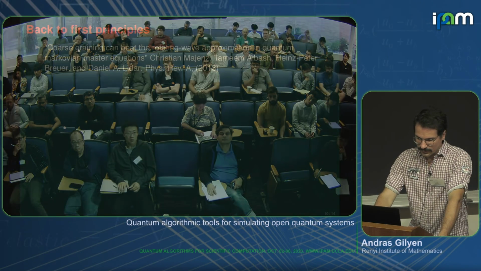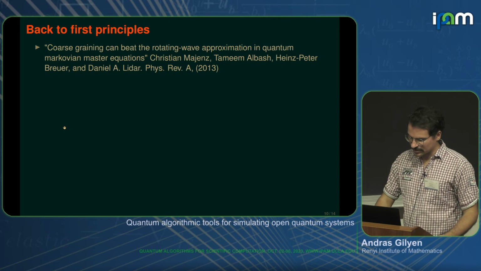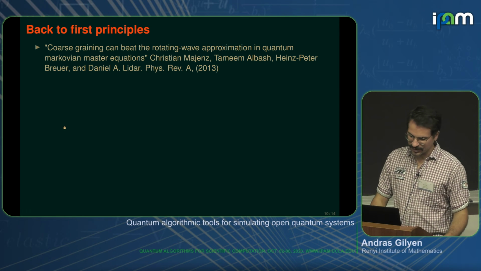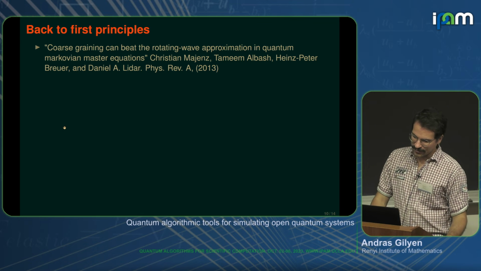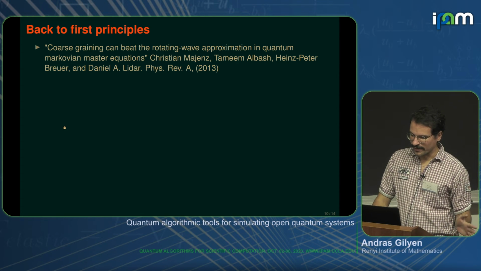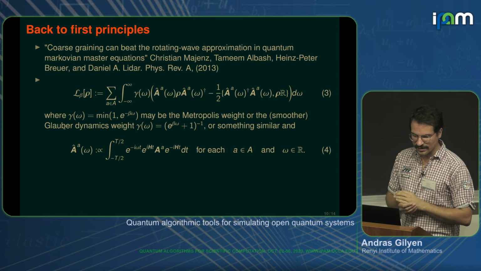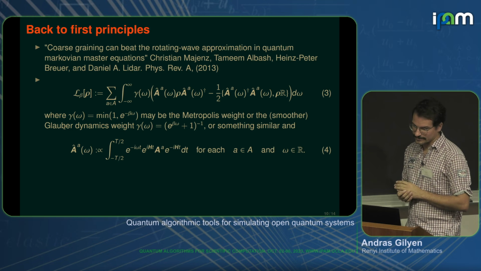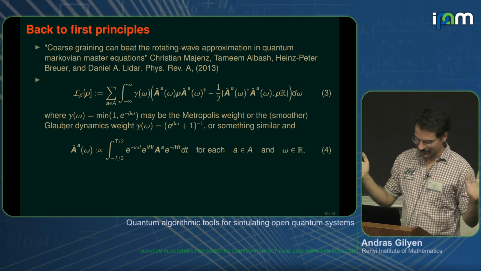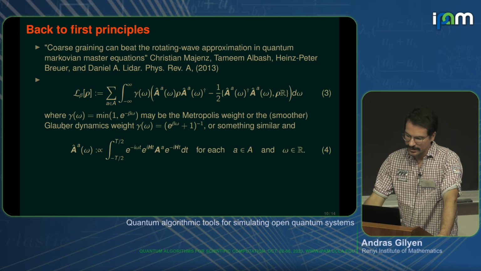Okay, and so we want to simulate thermalization in nature, but the Davis generator, although it has nice analytical properties, is unphysical. And so we should go back to first principles, and there is a very nice paper about coarse-graining the master equation, which derives an alternative Lindbladian, and this is what it is. I'm sorry for this, but this is what they derive, and it is from first principles.